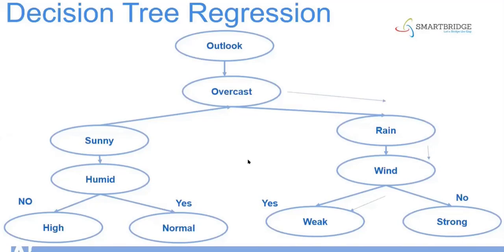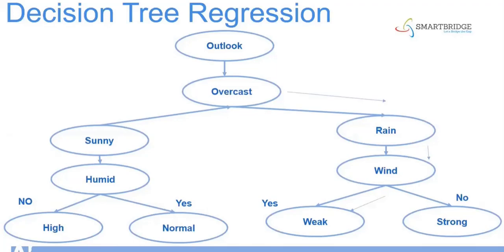Now, how can you say that I have to split the data set on outlook? After that, why am I using humidity here? Why am I using wind here? How is it possible? That is purely based on entropy and information gain.